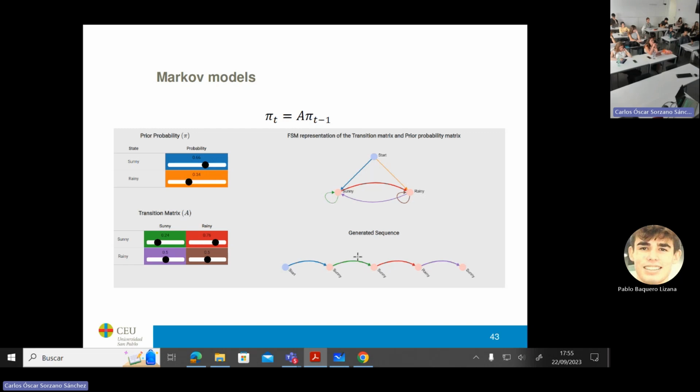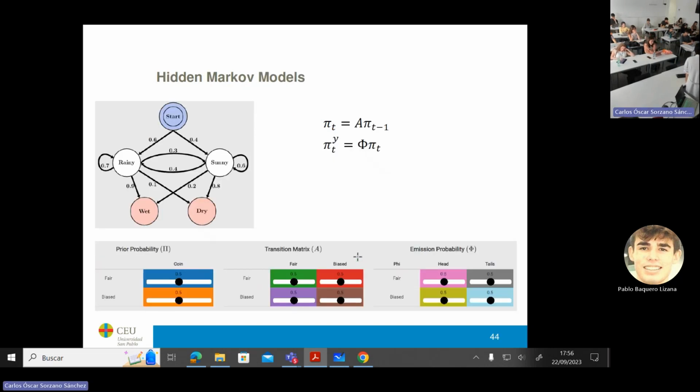And pi 1 will be pi 0 multiplied by A. And now you have the probability distribution. From the probability distribution, you will get a random symbol. Okay? I know what is the probability of today of each one of the states. We'll choose randomly one of the two. So here, what is evolving over time is not the state, it's the probability distribution of the states, which is a big change.